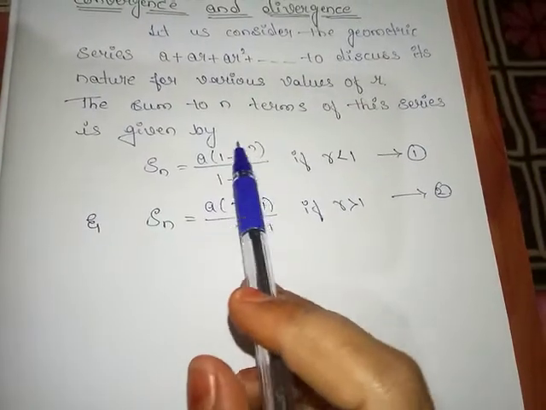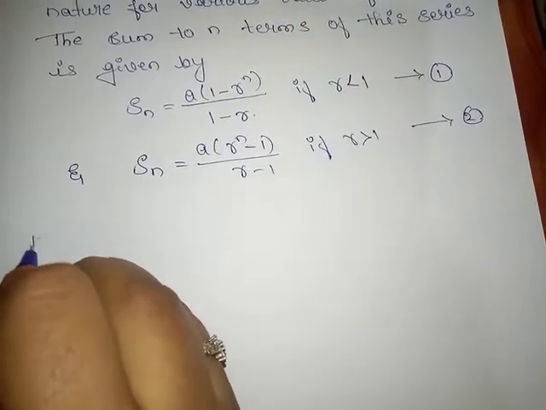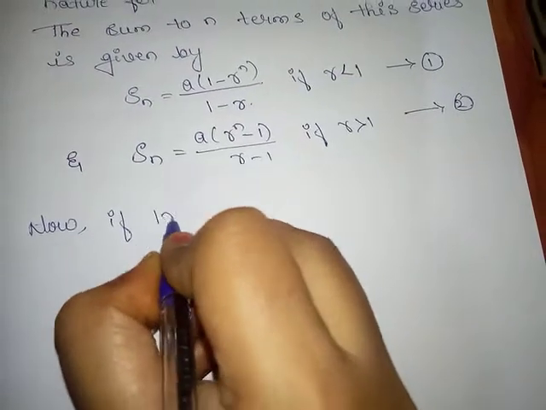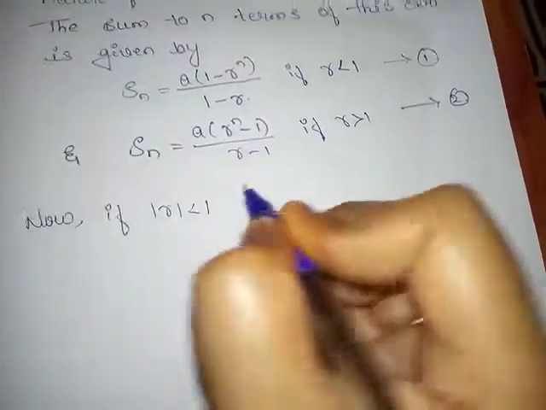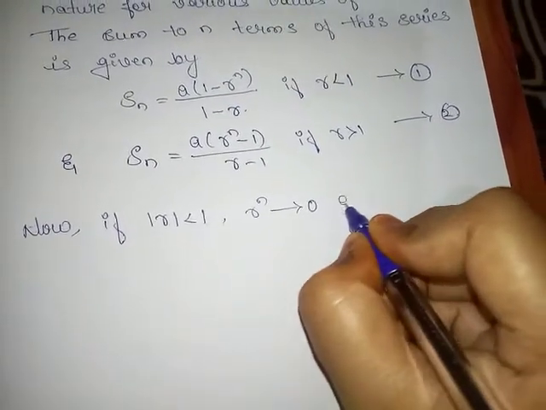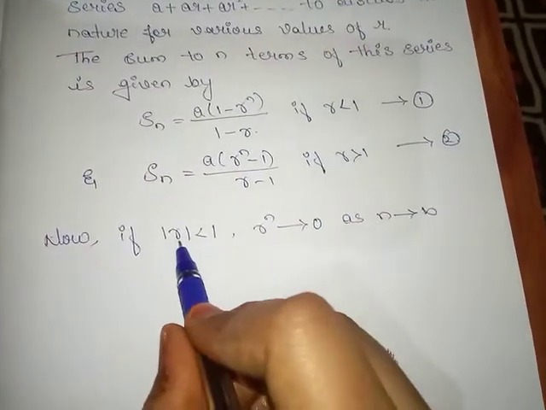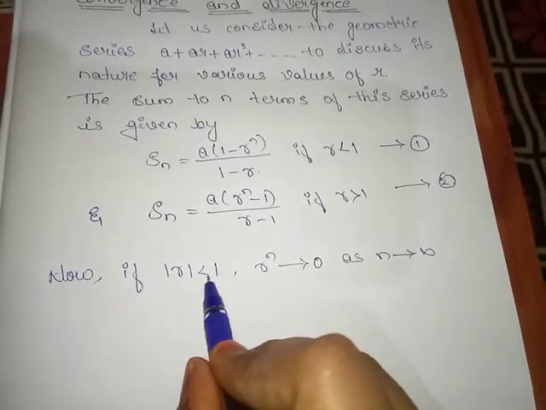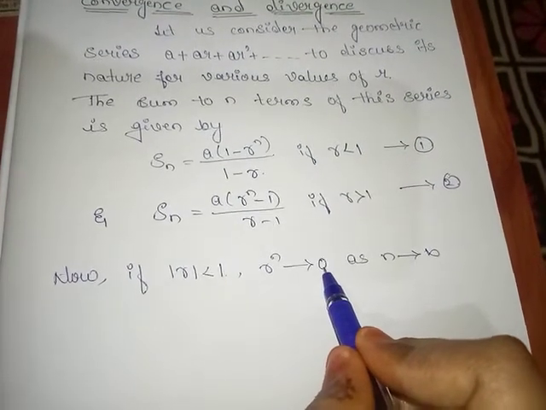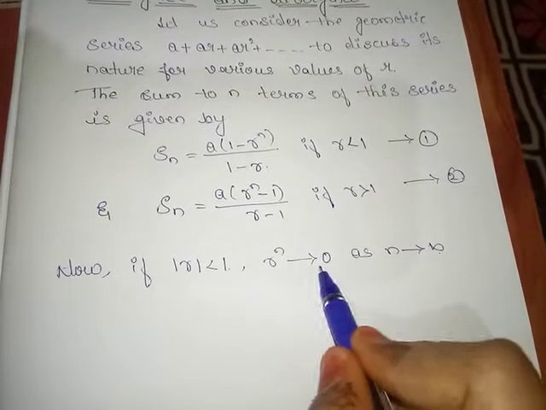Now we will discuss this series for various values of r. Consider if mod r is less than 1, then r raised to n tends to 0 as n tends to infinity, because we know that a number less than 1 raised to infinity is 0.